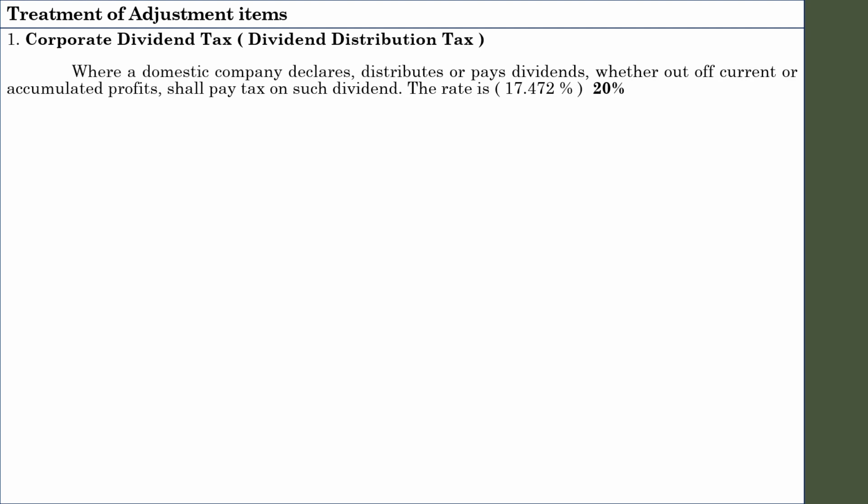Where a domestic company declares, remember it usually happens in the case of a domestic company, that is a company within a certain country's legal and statutory boundaries as well as the geographical boundary, where a domestic company declares and distributes or pays dividend, whether out of current or accumulated profits, it shall pay tax on such dividend.